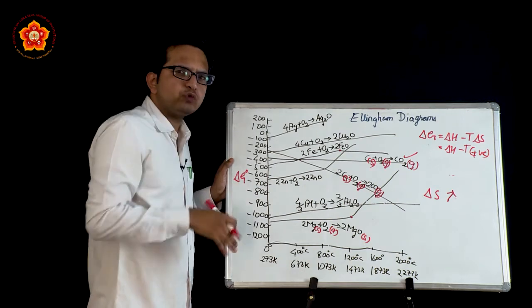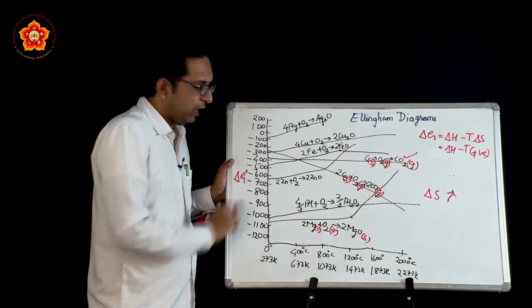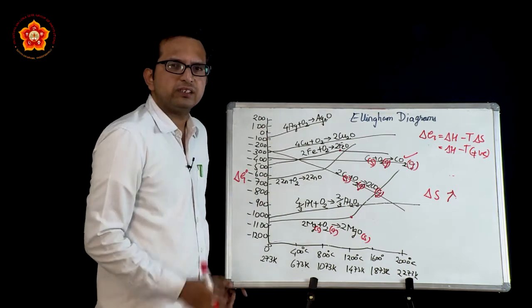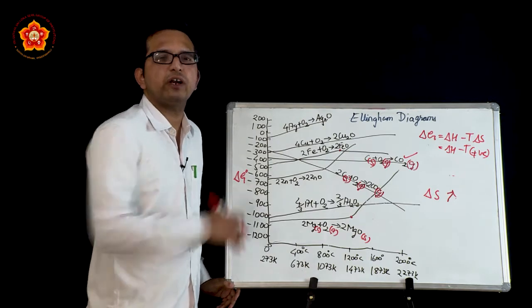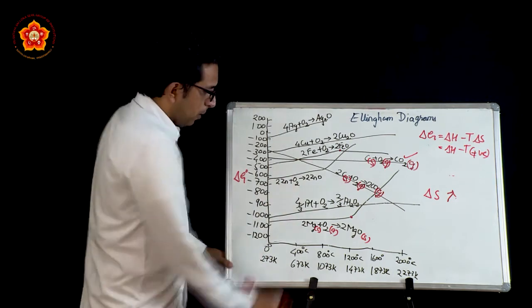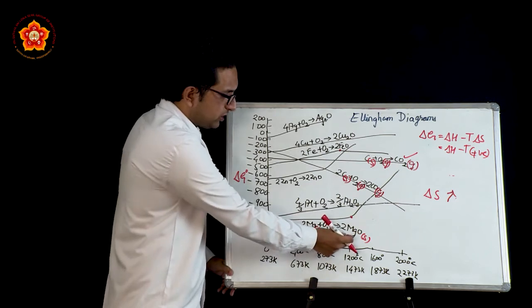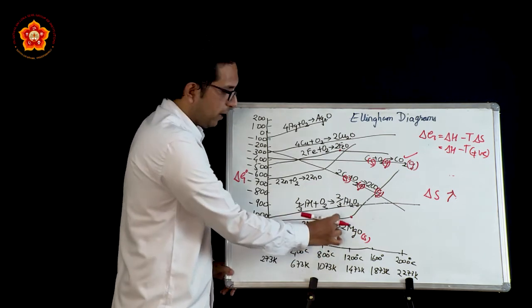So what is its use for us in metallurgy now? That is an important factor that we have to study. In metallurgy, these graphical lines tell us which can be used as a better reducing agent for any reaction to take place. In this case, magnesium oxide is here, which is the formation of magnesium oxide from magnesium and oxygen.